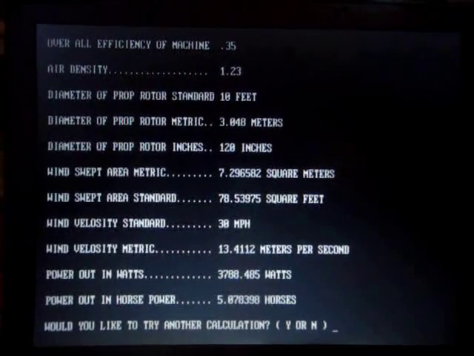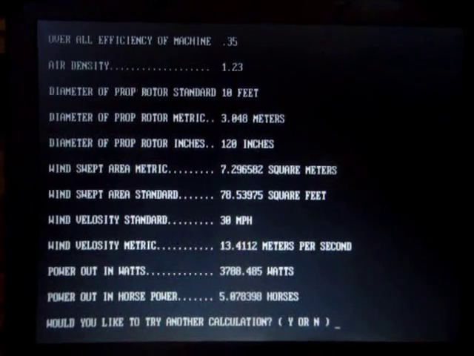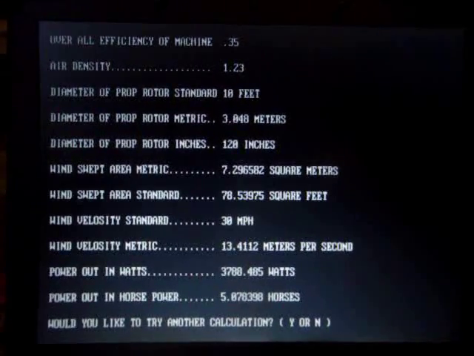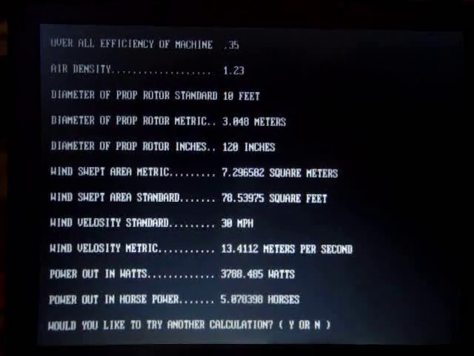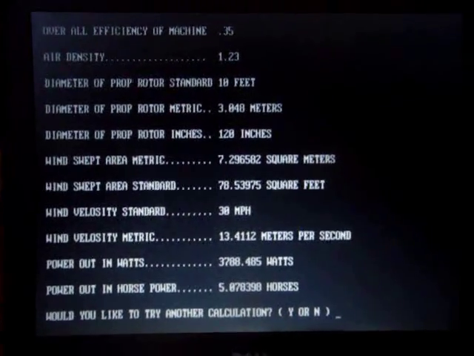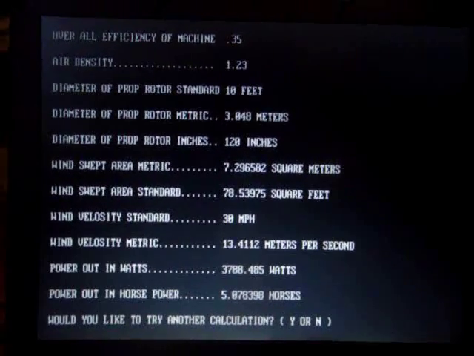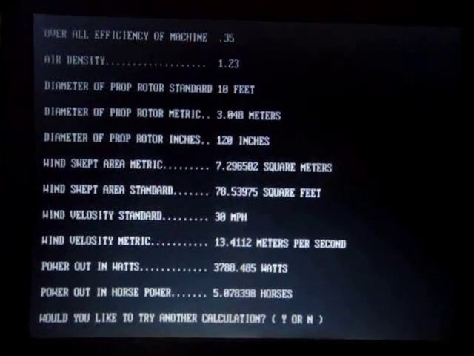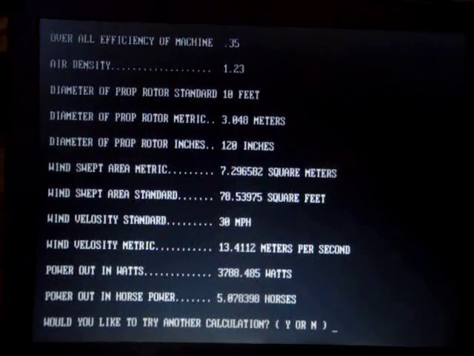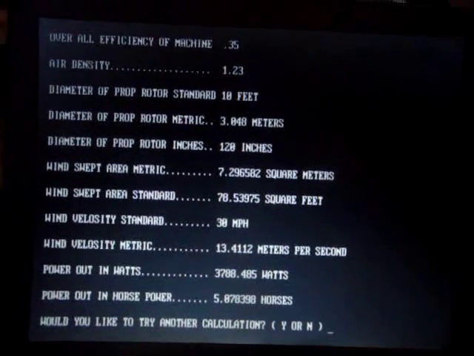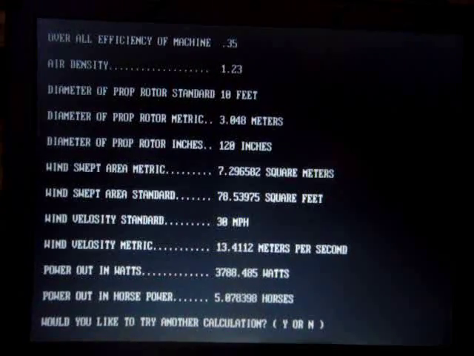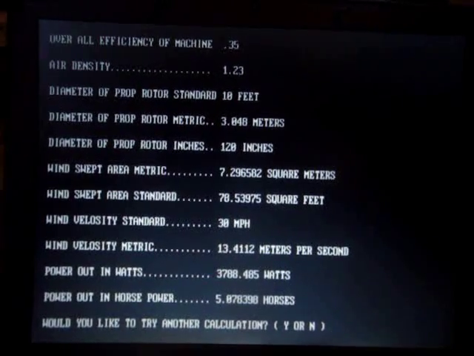If your prop is too small, then when the amps get drawn on it, it's going to slow down and stall. So sometimes if your prop is a little small, you can add some more wire or add more batteries in line, and basically adjusting your voltage to your batteries is a pretty good way of doing things.